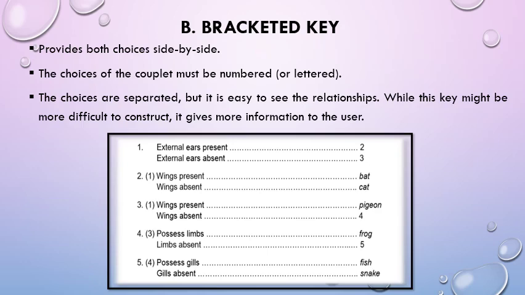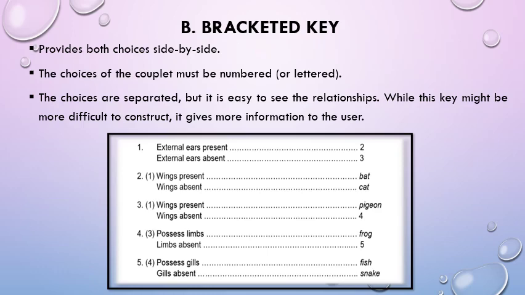As the name bracket suggests, in this key, brackets will be used. It's up to you whether you want to categorize your couplets by giving them alphabets or numbers, but the compulsion is that we have to use the bracket in this key.